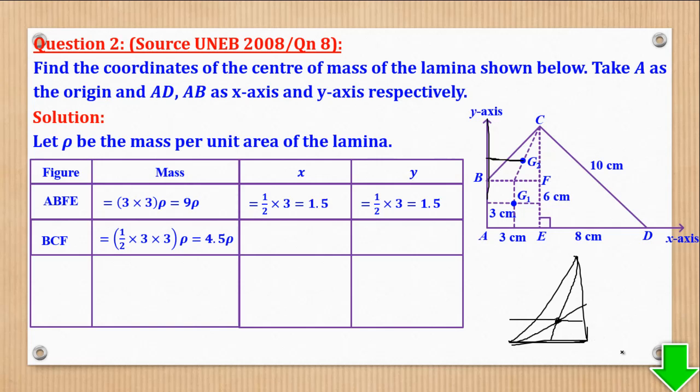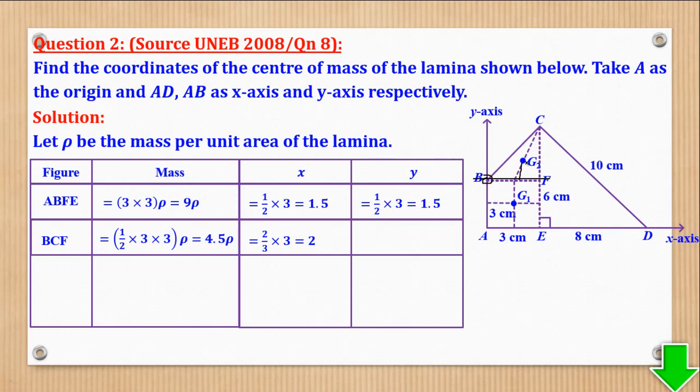Therefore, from here to here, it will be 2/3 of the whole of BF. 2/3 times 3 to give you 2. We're using 2/3 because we are starting from a vertex. Okay. Then for the y, we are starting from the base. You see this? It is a base and you go up.